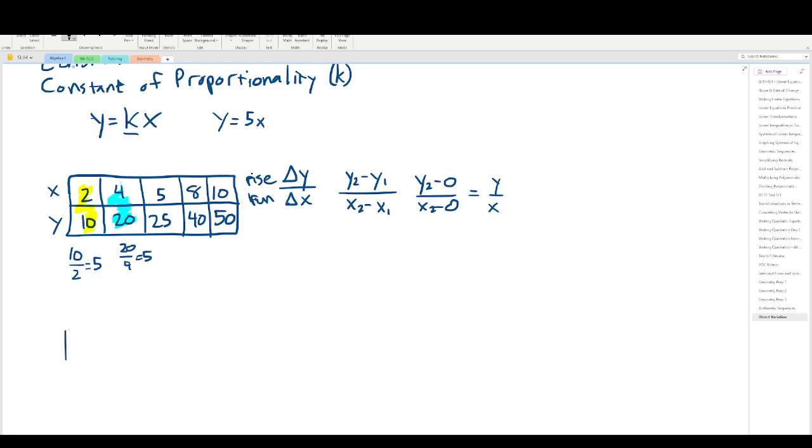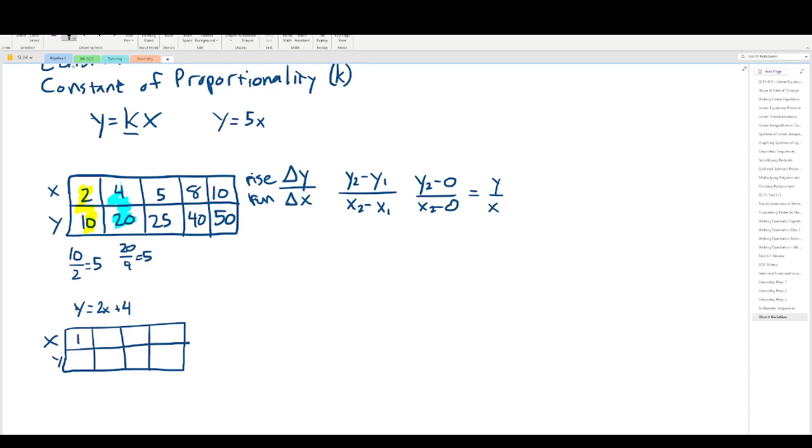Unlike a linear function, so just to compare, if we had a list of xy values where there was a y-intercept, so let's do xy, and our function here is going to be y equals 2x plus 4. Again, we don't know that, it's secret, but we're going to use it to fill in these values.